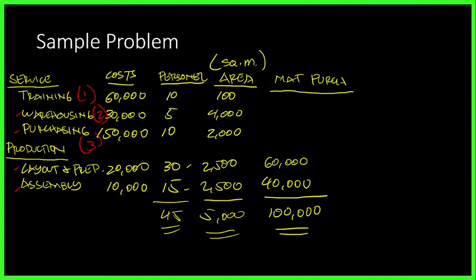That will be our assumption: we rank them based on the number of departments that they are servicing. In most textbooks, like our textbook, the rank is based on the cost. If we follow the cost, we start with purchasing, training, followed by warehousing. But this time, our assumption is based on the departments that they are servicing.